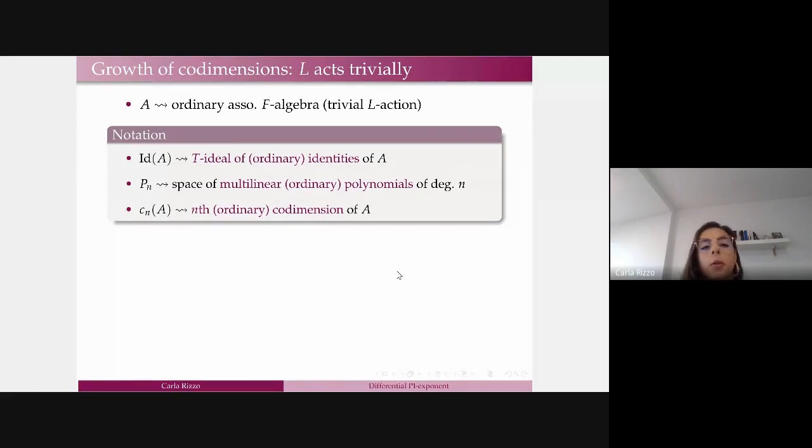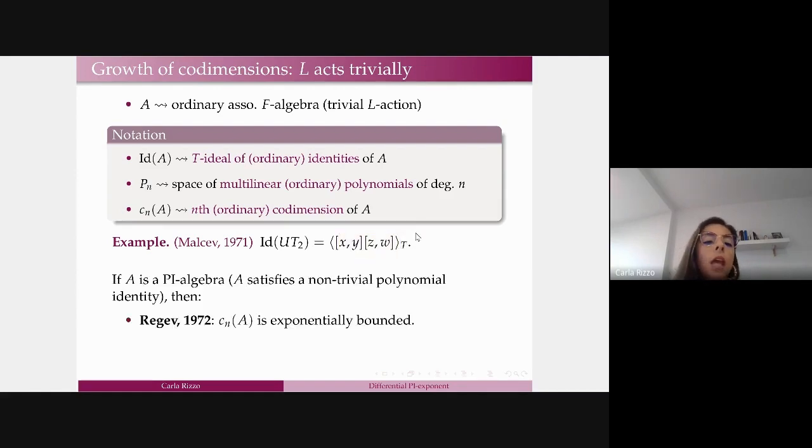Okay, so now let's fix the notation in the ordinary case, that is actually what Professor Plowman introduced in the first talk. If we consider an ordinary associative F-algebra, we have all the theory of polynomial identities. In particular, as an example, Maltsev in 1971 determined the T-ideal of UT_2, which is generated as a T-ideal by this polynomial, the product of two commutators.